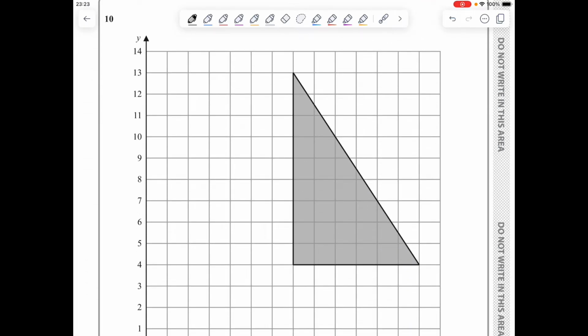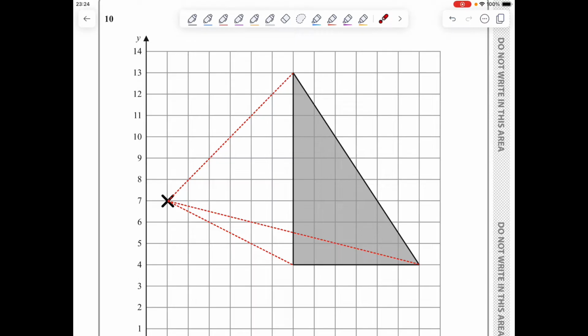For question 10, I have to enlarge this shape with a scale factor of 1/3 and center (1, 7). Start by locating the point (1, 7), which is the center of enlargement. Then I'm going to join the center to the 3 vertices of the big triangle. Next step is for each of those red lines, go a third of the distance starting from (1, 7).